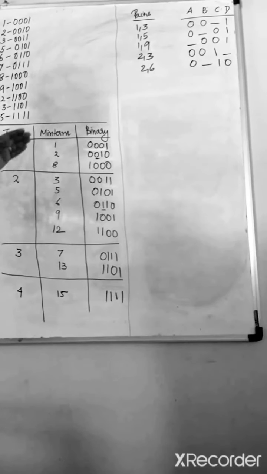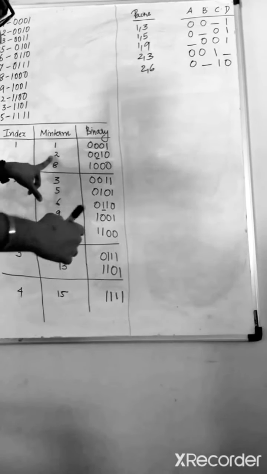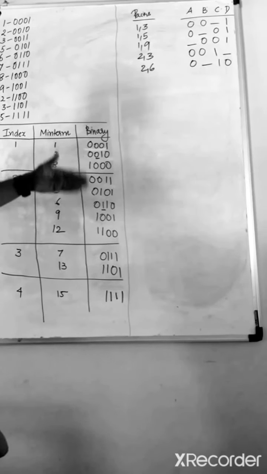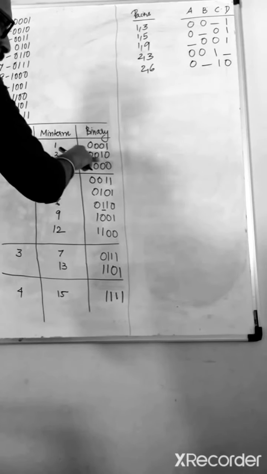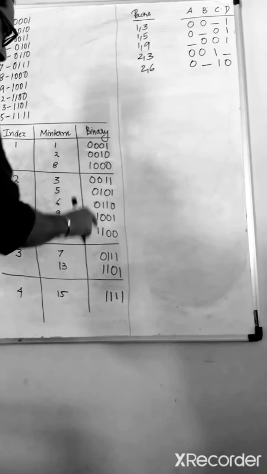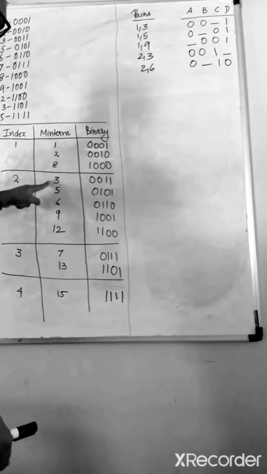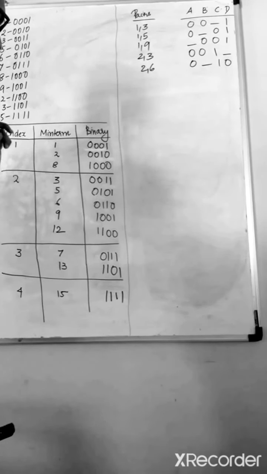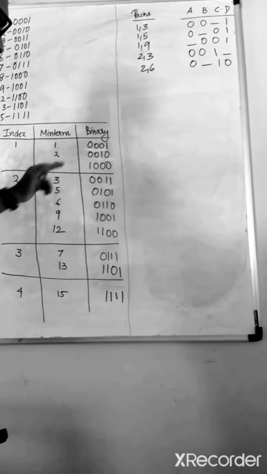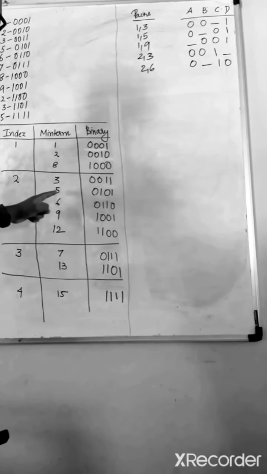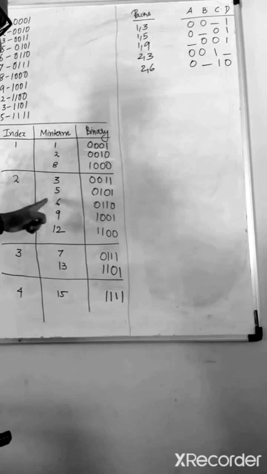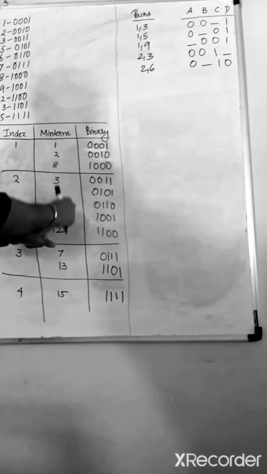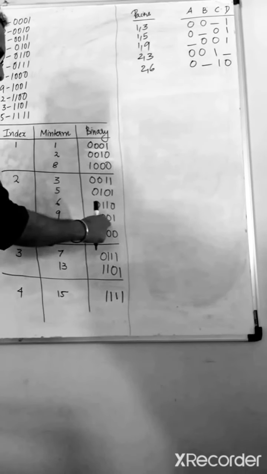Compare this 2 with 9. Lot of changes. 2 with 12. Changes in more than one bit. So operation with 2 is over. 8 is compared with 3. We can't use it because changes in more than one bit. 8 is compared with 5, 8 with 6. 8 is compared with 9. 1 0 0 0 and 1 0 0 1.